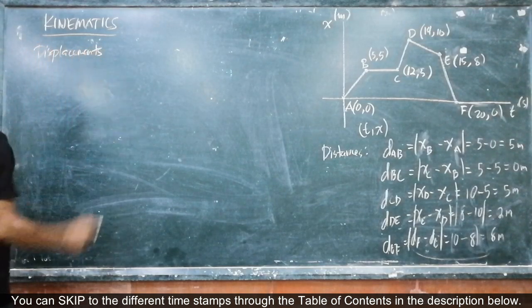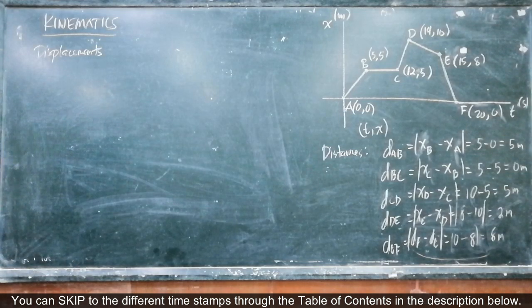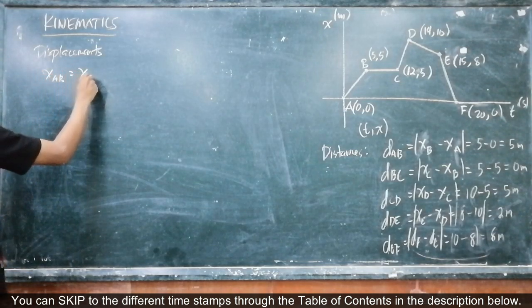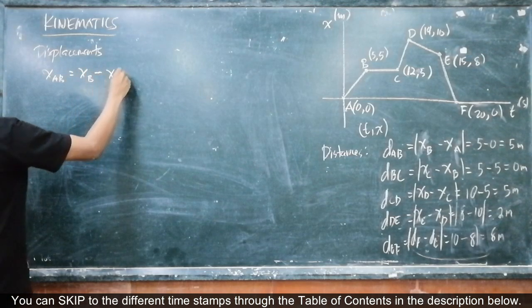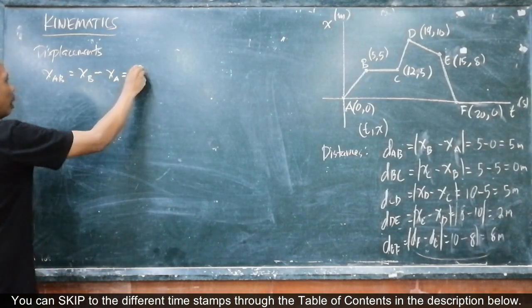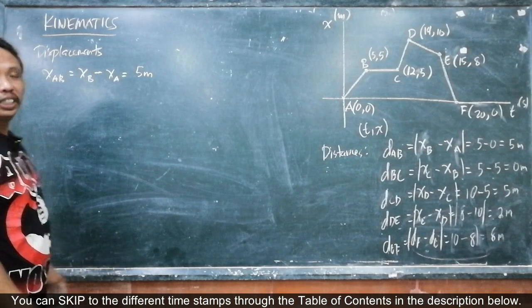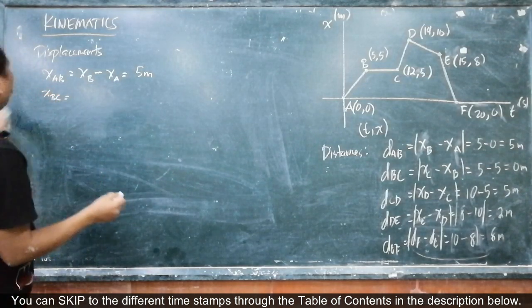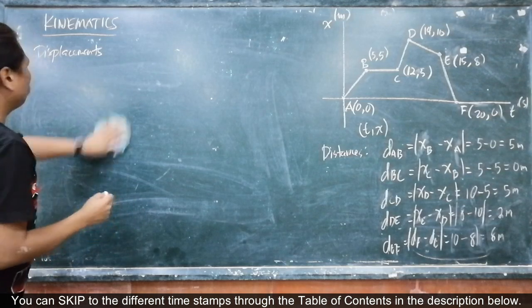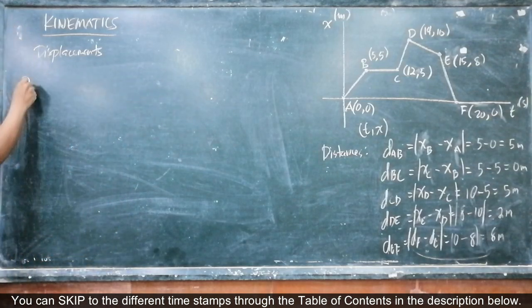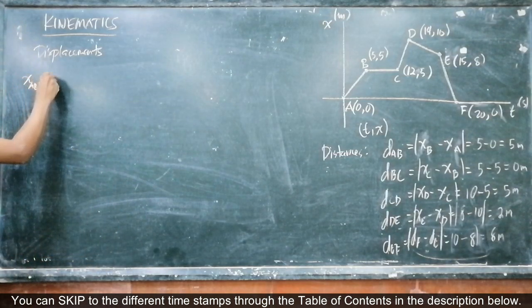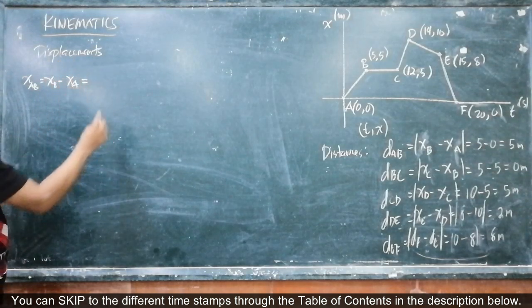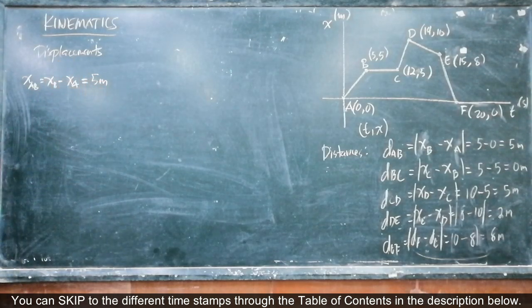Or the change in position, no? The displacement. Okay, let's call XAB, which is still XB minus XA. Still, we have this 5 meters, right? Okay, we have XAB, which is XB minus XA, that would be 5 meters, right?